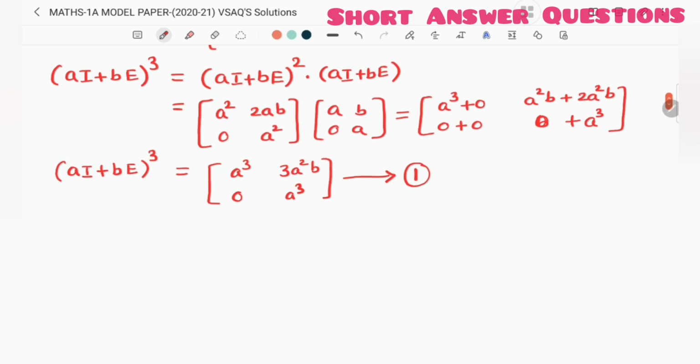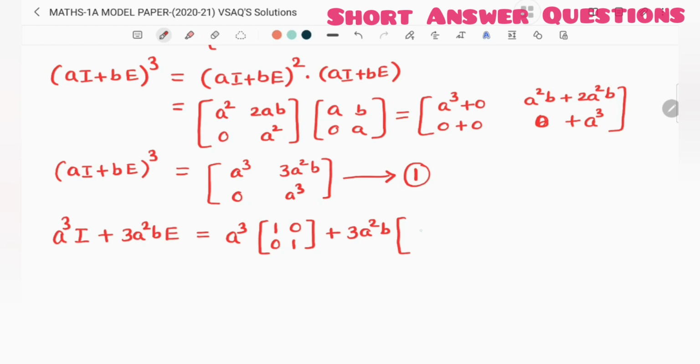Now come to the RHS value. In the RHS, we calculate the value of a cube I plus 3a square b into E, which is equal to a cube into I, the identity matrix [[1,0],[0,1]], plus 3a square b into E, where the E value is [[0,1],[0,0]].